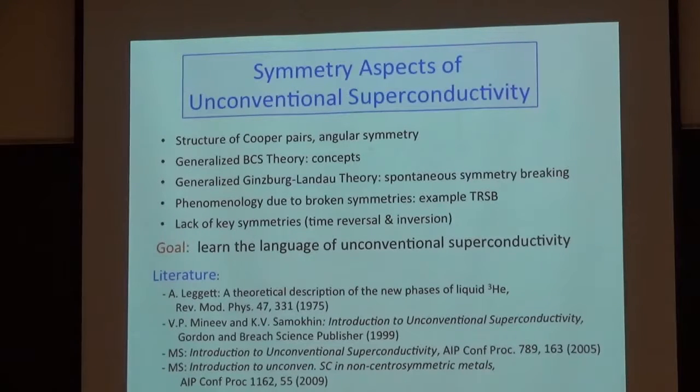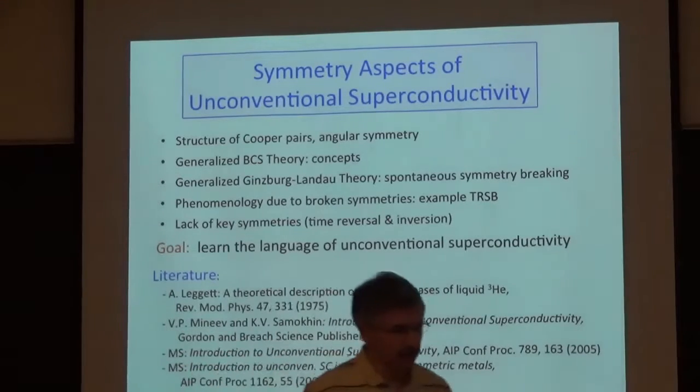Then I have 2 reviews which I wrote for summer schools in Italy, an Introduction to Unconventional Superconductivity and an Introduction to Unconventional Superconductivity in Non-Centrosymmetric Materials. These are both available as AIP conference proceedings, and maybe we can also provide PDFs of these 2 lecture notes, but they are a little bit lengthy, so we don't distribute them.